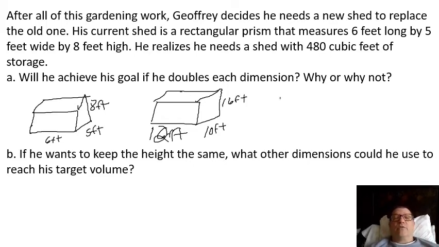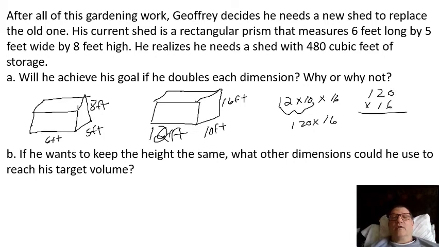We have 12 times 10 times 16. Well, I know 12 times 10 is 120, times 16. So 120 times 16 is going to be 1,920 feet cubed.